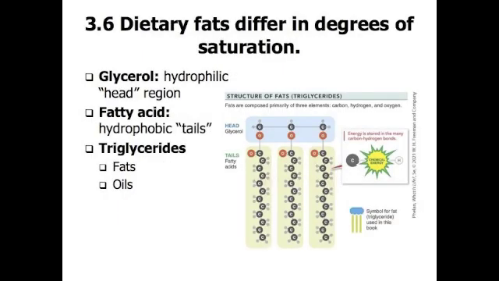Moving on, all fats have a quote-unquote head region and 3 long quote-unquote tails. The head region is a small molecule called glycerol. It is linked to tail molecules known as fatty acids. A fatty acid is simply a long hydrocarbon chain.